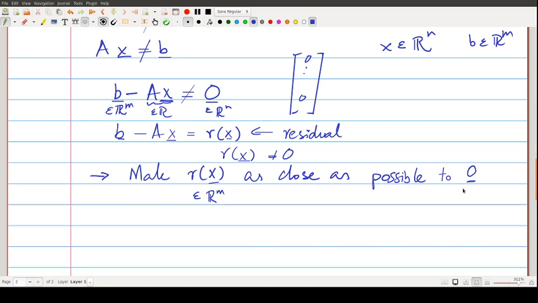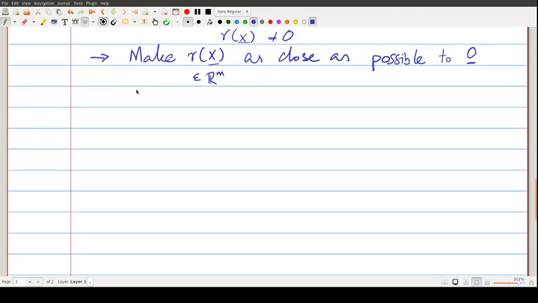In other words, the entries of this vector r(x) are r1, r2, r3, and so on. Let's say it has m entries.